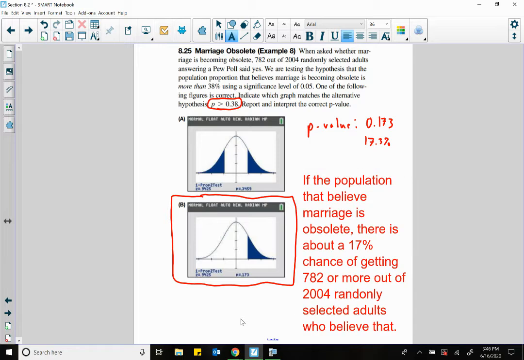So there is the reporting out. Again, this probability, if we repeat it, we have a 17% chance of getting 782 or more out of 2004 who will believe that.